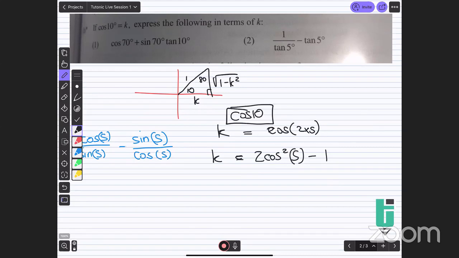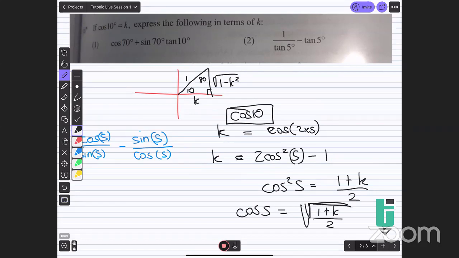So we could then simplify, and it becomes cos squared 5 equals 1 plus k over 2. Therefore, cos 5 is root 1 plus k over 2. Do you guys all see that? Yes. Everyone else? Naima, Nafisa, Rifko, Amaro. Yeah, I got it.